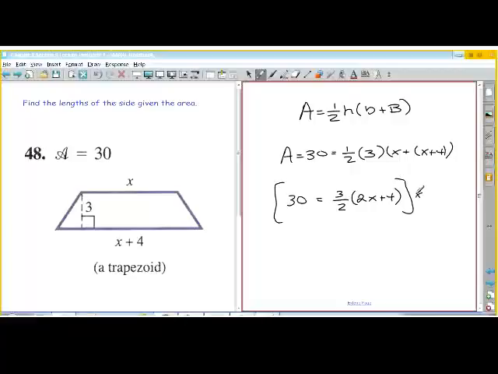So just to do something different, I'm going to multiply by the reciprocal of the term here. So what I'll get is 30 times 2/3 is equal to 2x plus 4. So when you multiply 2/3 times 3/2, the 2's cancel out, the 3's cancel out, and therefore I don't have a fraction on my x term, which makes life easier.